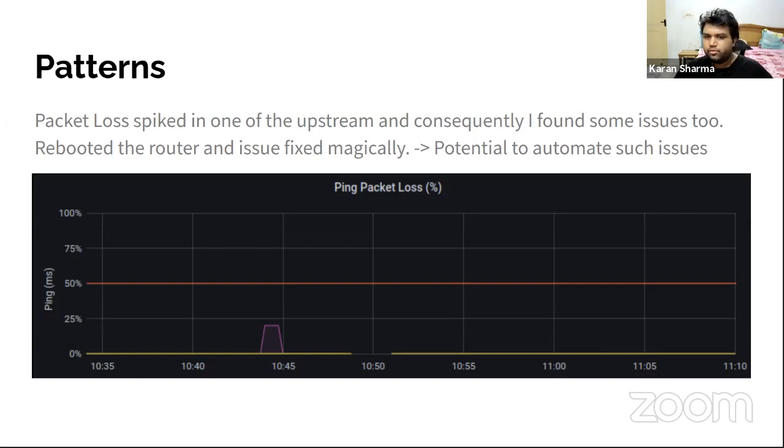Like if I get a packet loss alert, I can just do a reboot, sudo reboot. I'm running this on my Raspberry Pi, and all of this is localized. I just have all the shell scripts and all the very basic HTTP endpoints written over there.